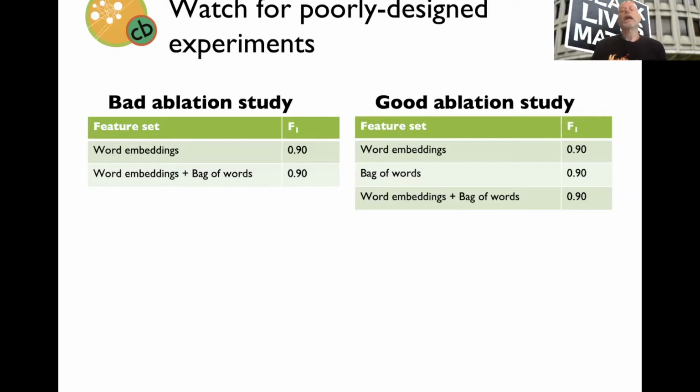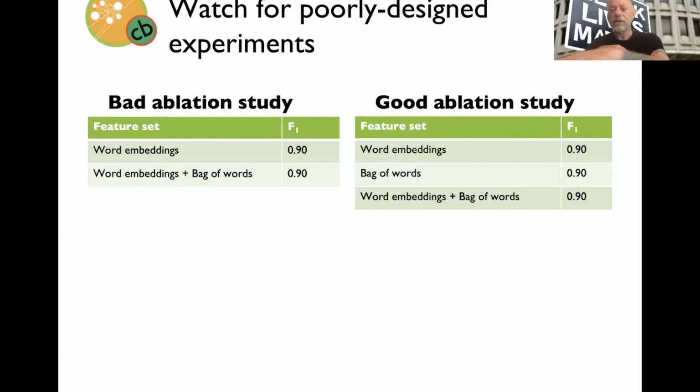Let's look at a good version of that ablation study. So there we have an F1 measure for word embeddings. We also have one for bag of words alone, and then word embeddings plus bag of words. What we see there in that set of results is actually word embeddings are fine, bag of words is fine.